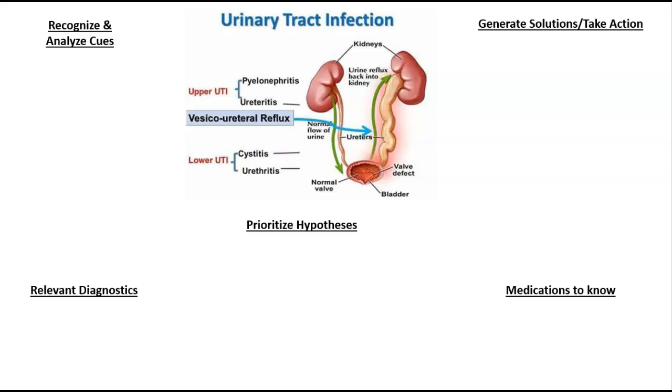There are some other diagnostics that sometimes go along with especially recurrent UTIs. Those might be like an intravenous pyelogram to check the kidney function and how the urine is being made. Checking a cystoscopy or a cystogram, taking a look to make sure there's no defects in the bladder or that there's no vesicoureteral reflux.